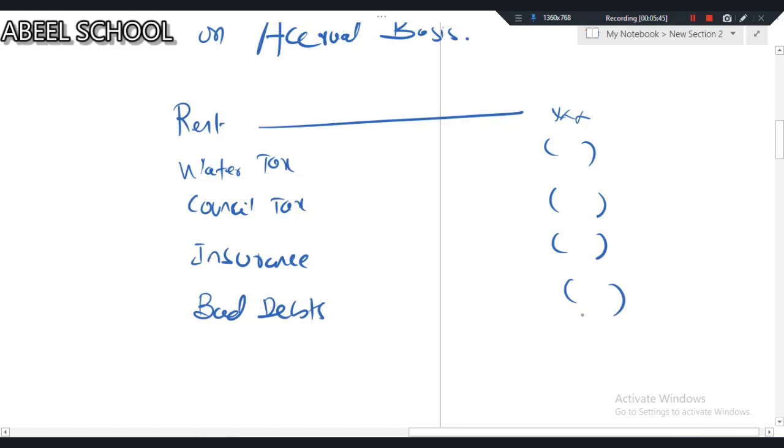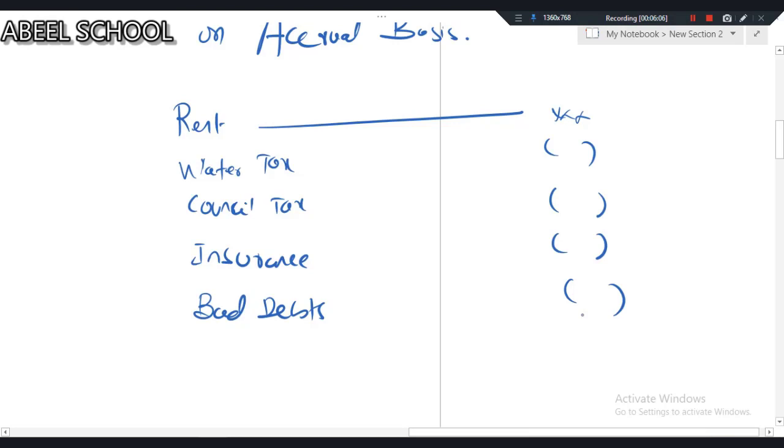But a very important point: you can only face bad debts in case of accrual basis. Because if you are following cash basis on rental income, then bad debts will automatically be adjusted, because cash basis means we only take the rent which we have actually received.